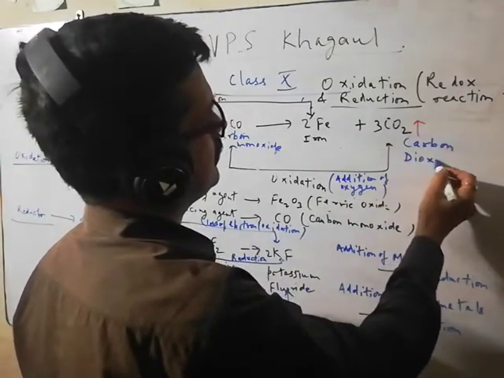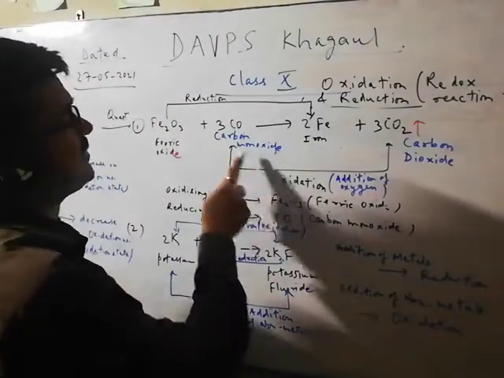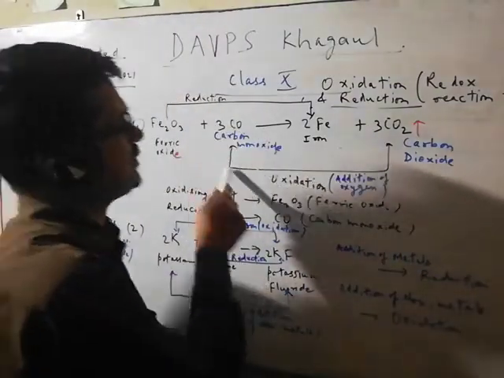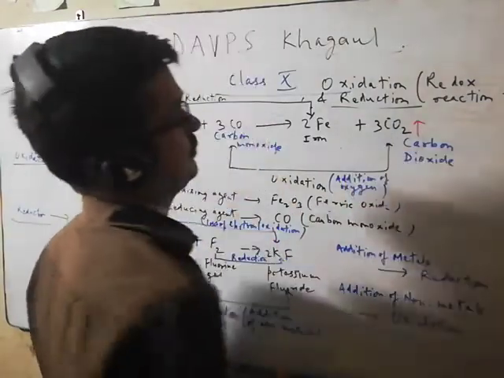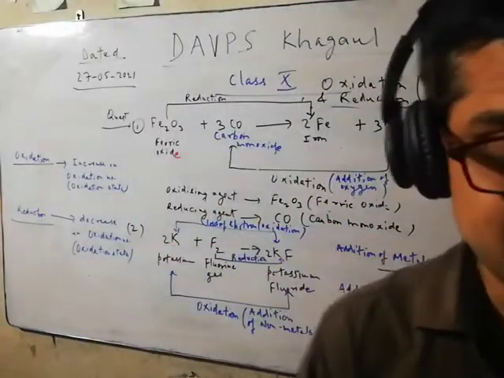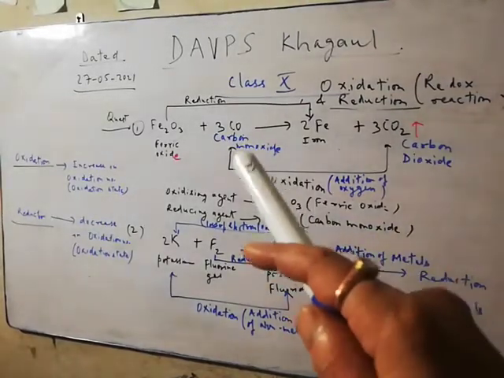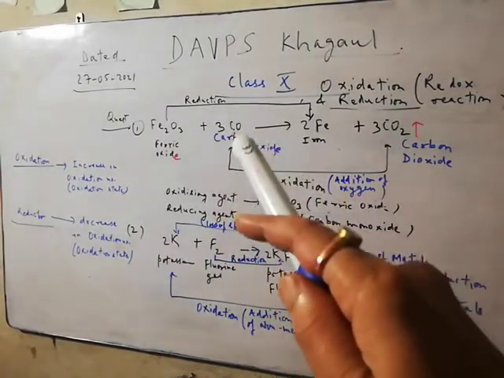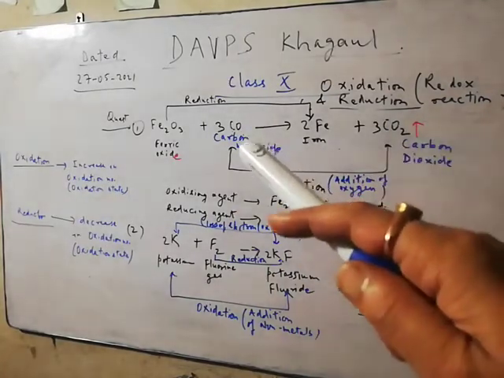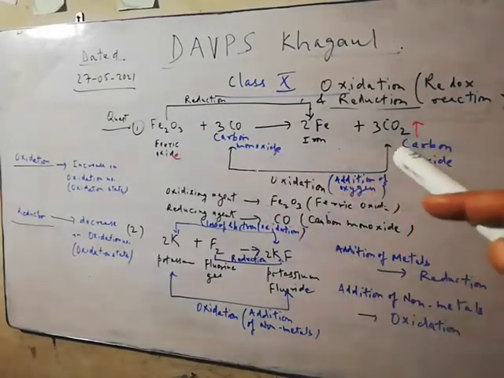So this is an oxidation reaction happening. That means carbon monoxide is oxidized to carbon dioxide, because addition of oxygen is oxidation. Here one oxygen atom, here two oxygen atoms.